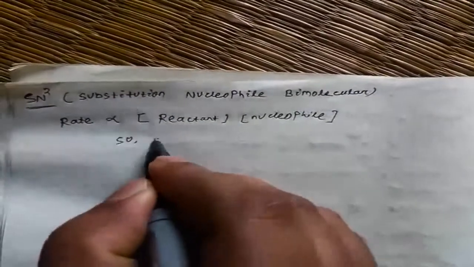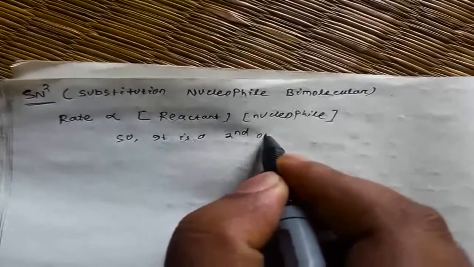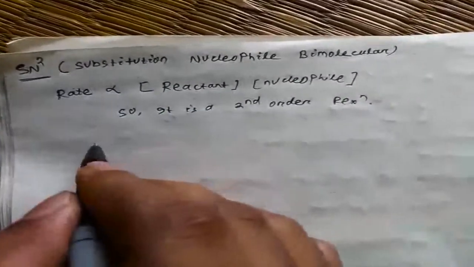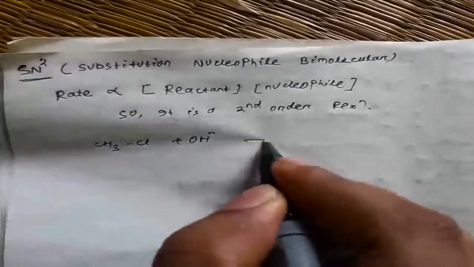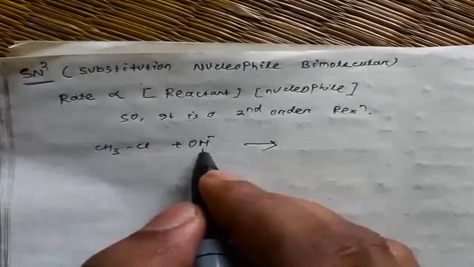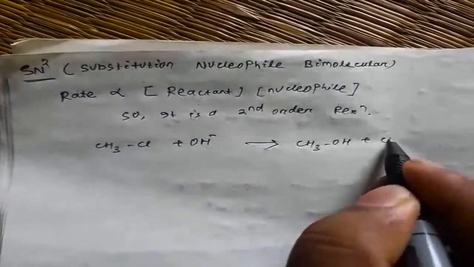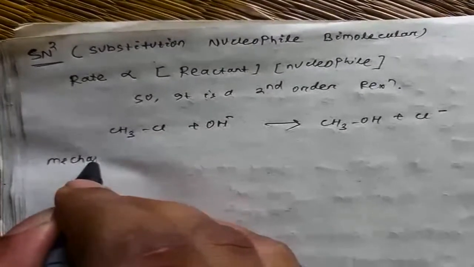So it is a second order reaction. Example: CH3Cl plus OH minus, Cl minus and OH minus interchange, giving CH3OH plus Cl minus.